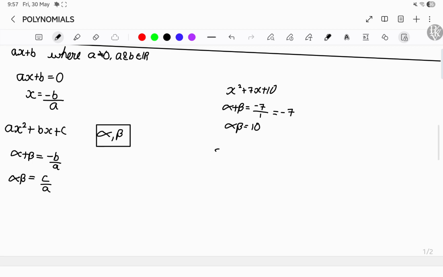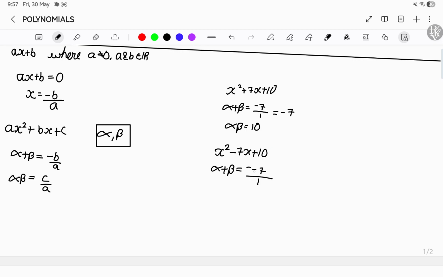Okay, now just to make sure that we understood, x square minus 7x plus 10. If this is the case, then alpha plus beta will be equal to minus of minus 7, because we need minus b, and b is minus 7. So minus of minus 7 by 1.